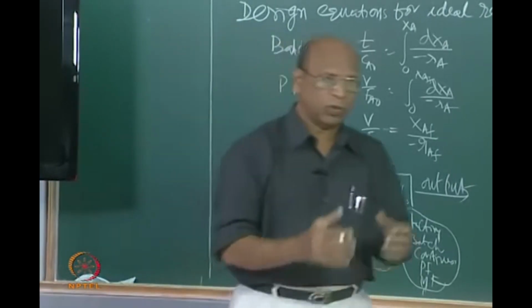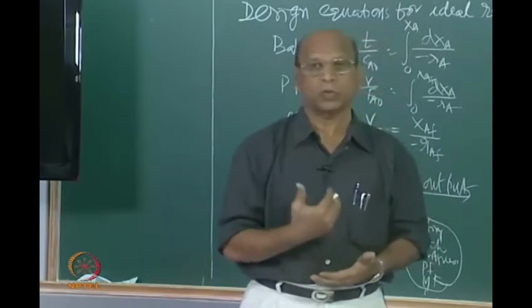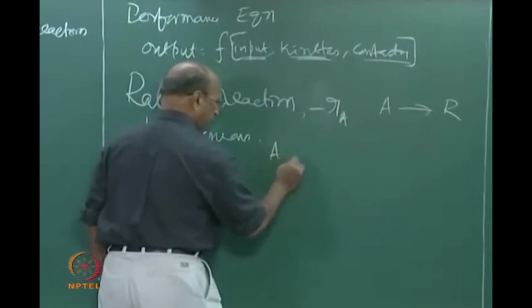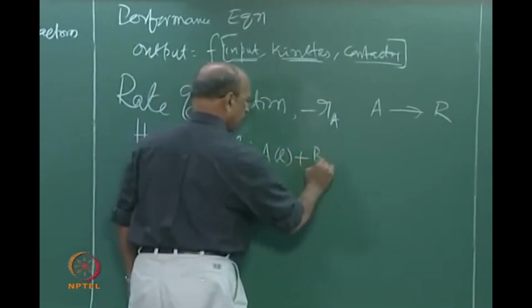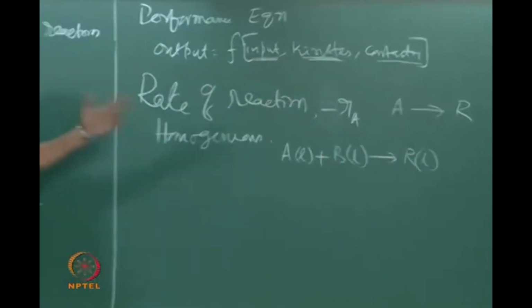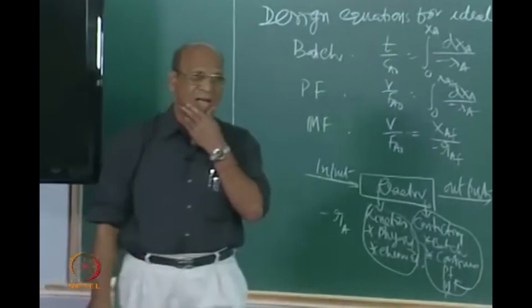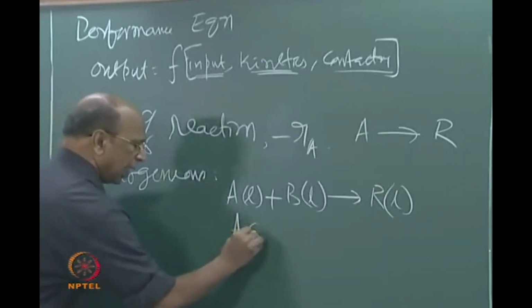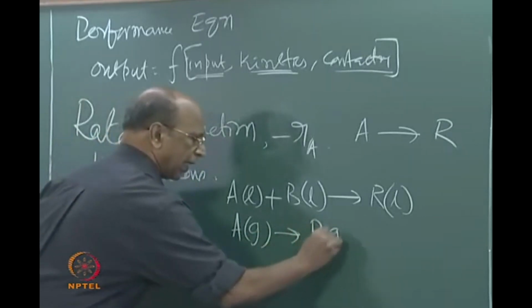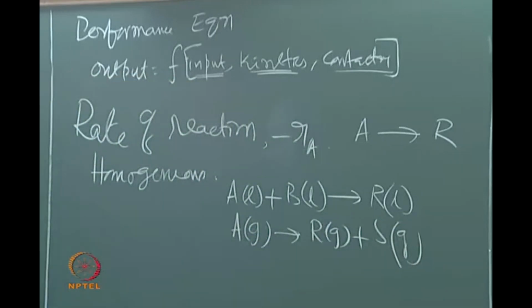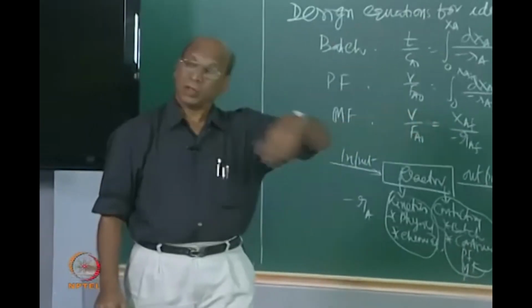If I have a homogeneous reaction between A and B giving R, how do I know the order of reaction? Or I may have A gas going to R gas plus S gas. I cannot have R and L and G, because that will become a heterogeneous system.